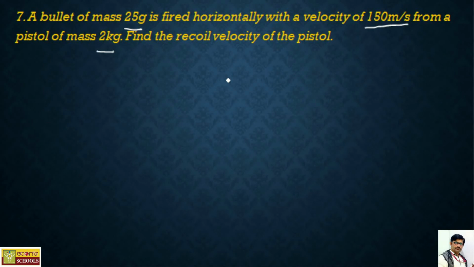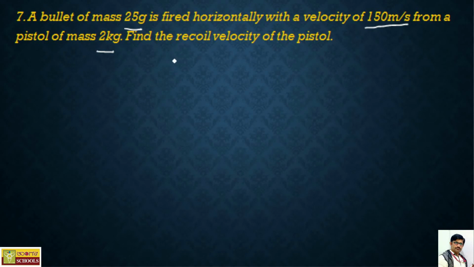Up to the previous parts we understood from Newton's second law the change in momenta, or you may call it just linear momentum. This is the applied part, therefore you need to take care of such problems. I hope you are getting my words loud and clear. Now, they have given the mass of the bullet, mass of the pistol, and the velocity of the bullet. Therefore you need to write all these things, by that you can get things right.